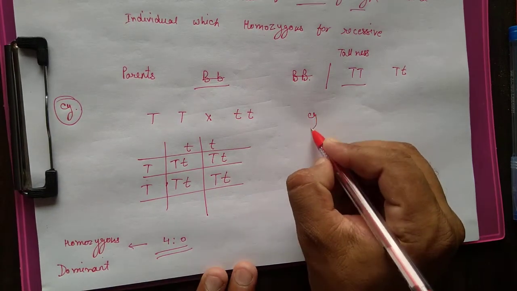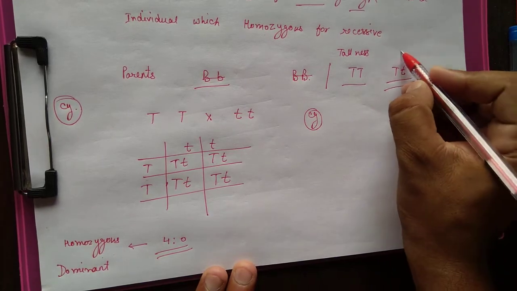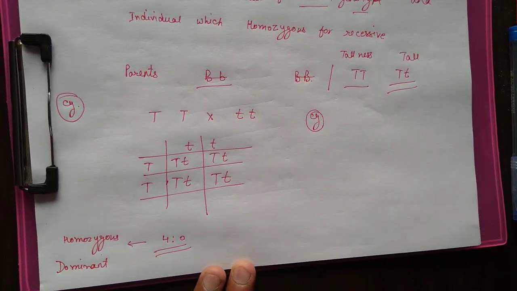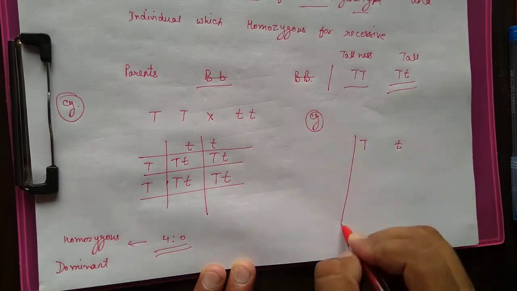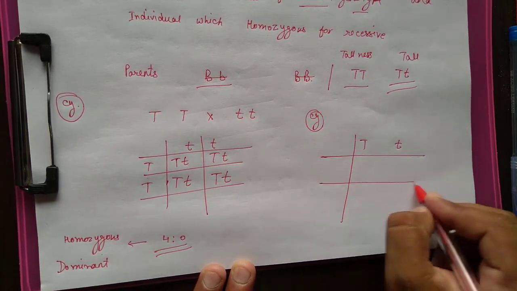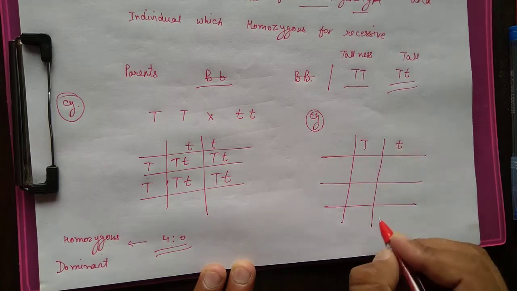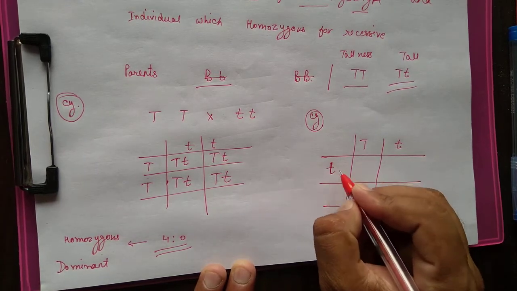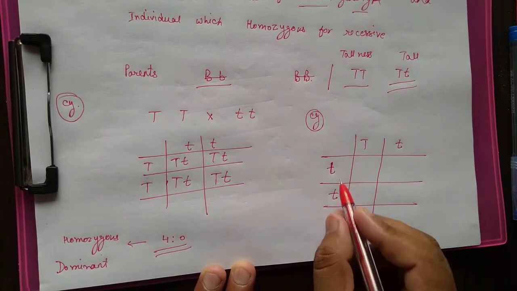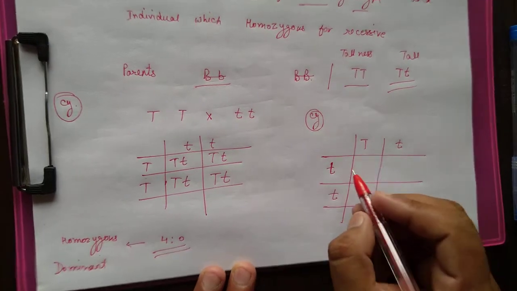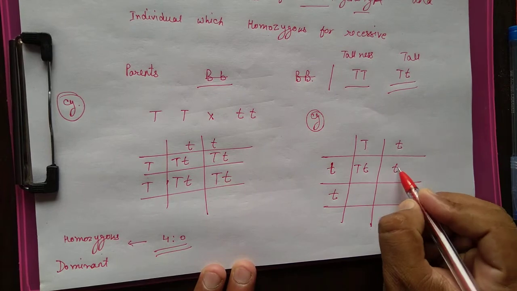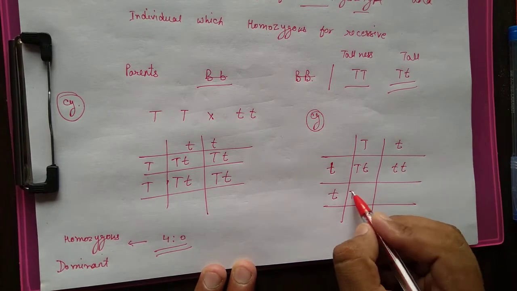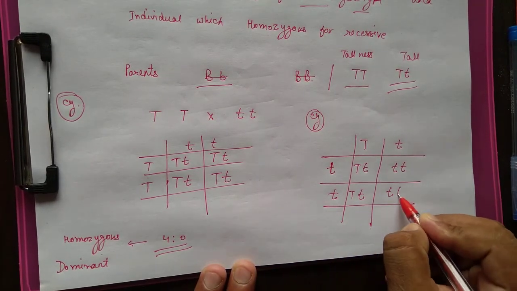If we take this one, it is also a tall plant, but it is a hybrid. Crossing with homozygous recessive, this is hybrid, this is dwarf, this is hybrid, this is dwarf.